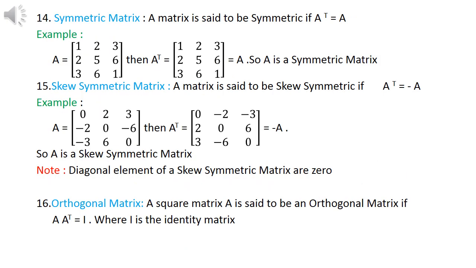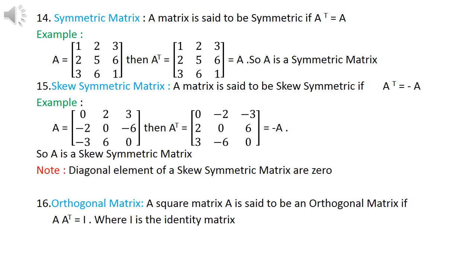14th one is symmetric matrix. A matrix is said to be a symmetric matrix if A transpose is equal to A. We know that in transpose we have to interchange row to column. So, for example, A is a matrix whose first row elements are 1, 2, 3.